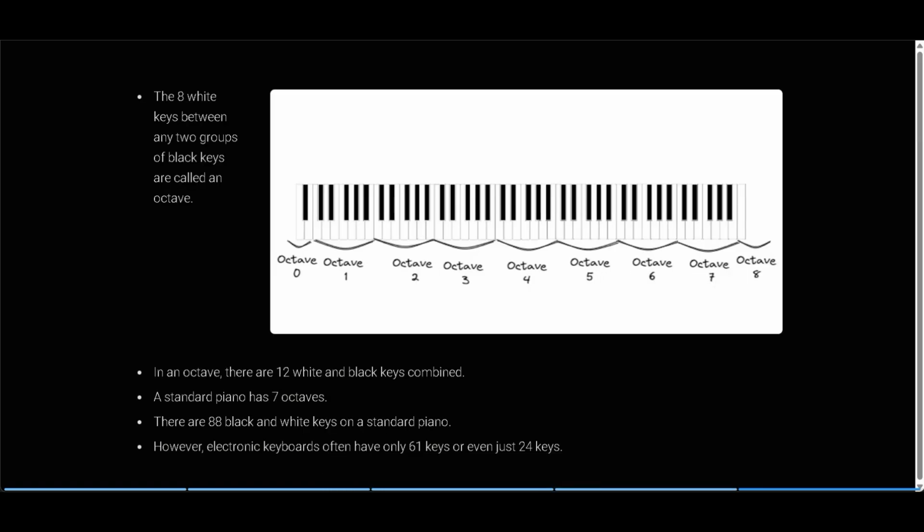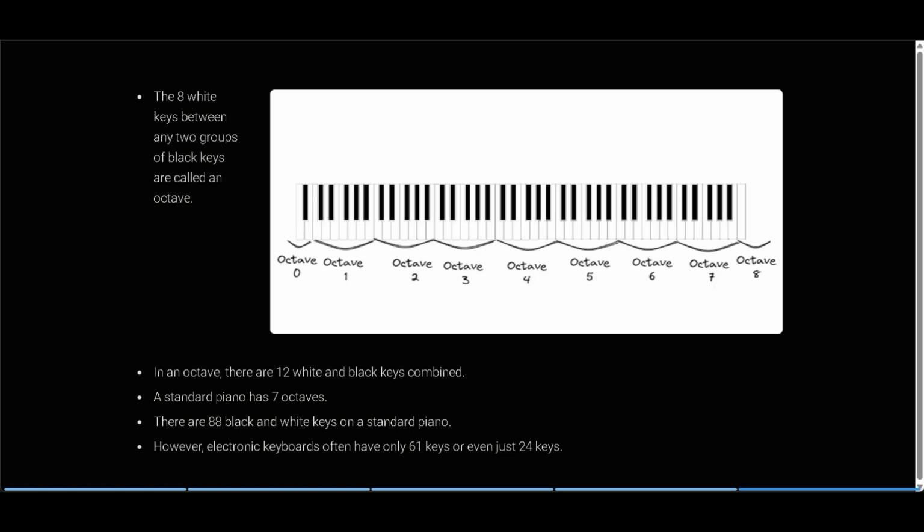Then the 8 white keys between any 2 groups of black keys are called an octave. Told you that too. In an octave, there are 12 white and black keys combined. If you count from here to the B, 1, 2, 3, 4, 5, 6, 7, 8, 9, 10, 11, 12.